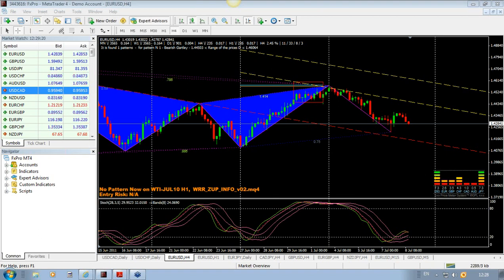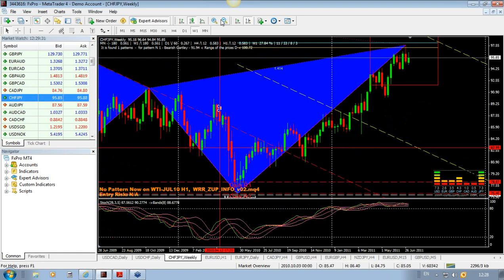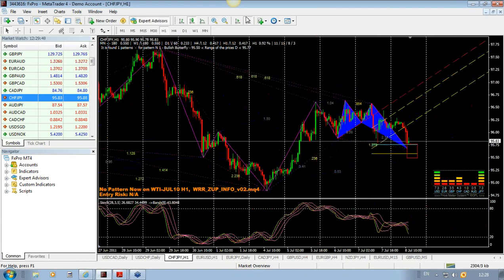Tim asks, I'm looking at a bullish butterfly on Swiss yen and the yellow channels are not even close to the red box. Okay, let's see. It's a good question. Are you talking about this one? Oh, on hourly. Okay, you don't take this trade.